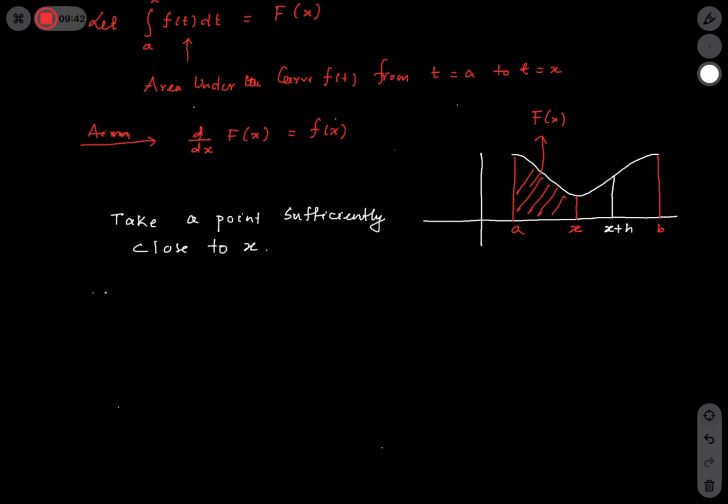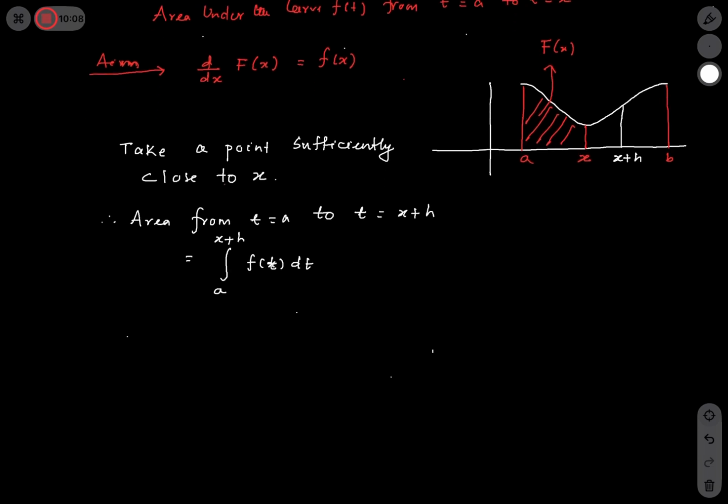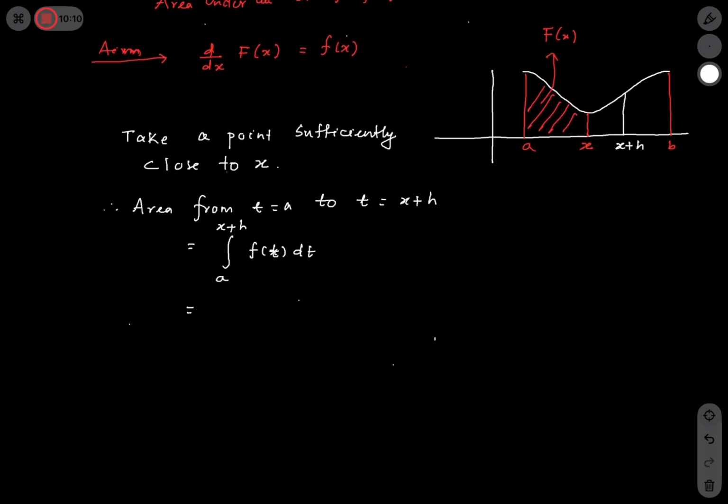Therefore the area from t equal to a to t equal to x plus h will equal how much? Integration a to x plus h of f(t) dt, and this can be written as uppercase F(x plus h).